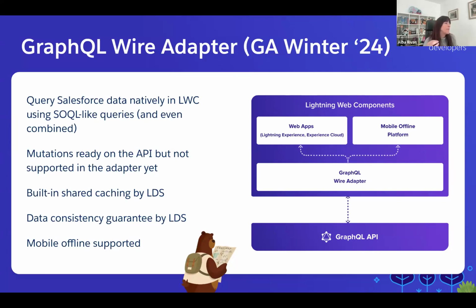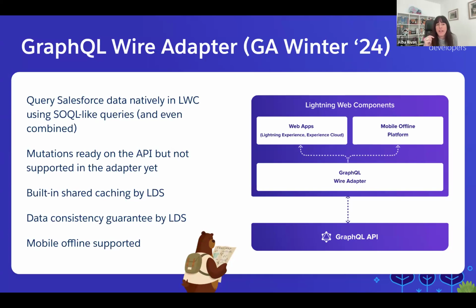Also, the wire adapter has been built on top of the Lightning Data Service cache. And that cache is the same one that the wire REST adapters use. This means that if, for instance, you retrieve a record with the get record wire adapter, which is one of the old ones, that record is going to be stored in the cache.